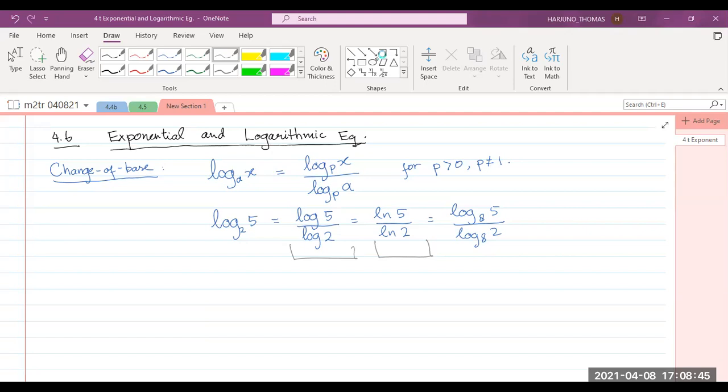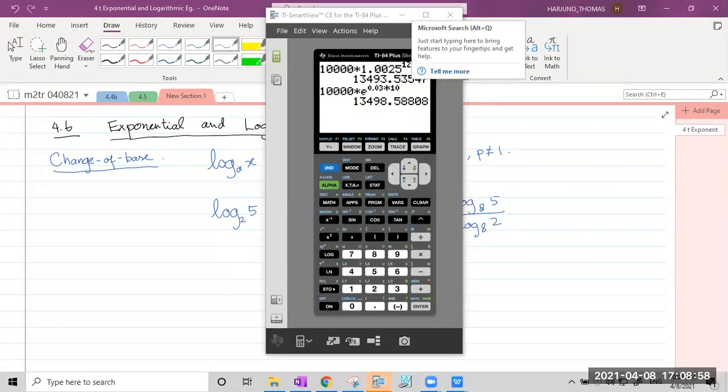On your calculator, grab it now and take a look. Let me show you mine. My calculator here only has base E and base 10.